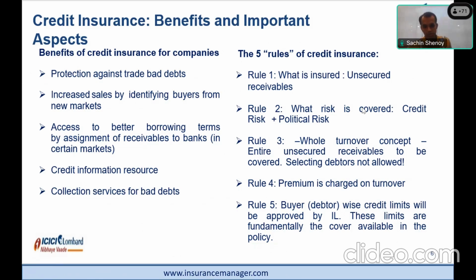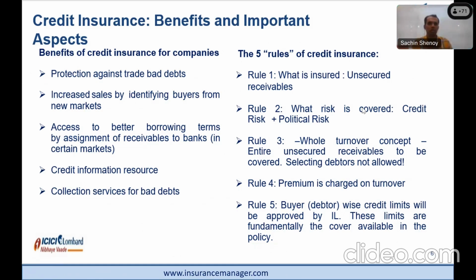The third important aspect to understand, where it differentiates from ECGC, is we are here offering a whole turnover policy. There is an entire receivable, wherever there is a credit offered, that is covered under one program. Just to add, domestic sales as well as export sales can be covered under one program.